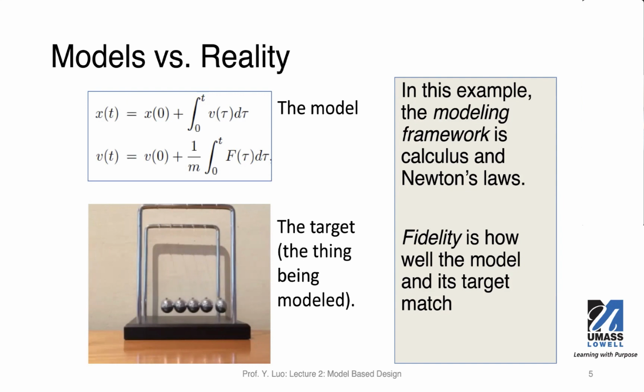But in reality, this will eventually stop because of the friction of the air or from the wires. So a lot of things may happen, and eventually this process will slow down. But still, this model in mathematical format captures the basic principles in this physics process.